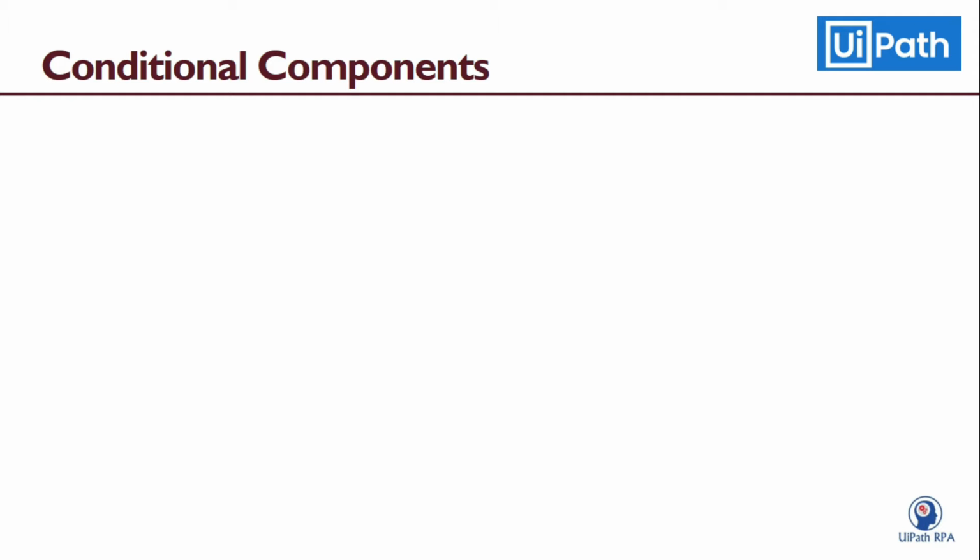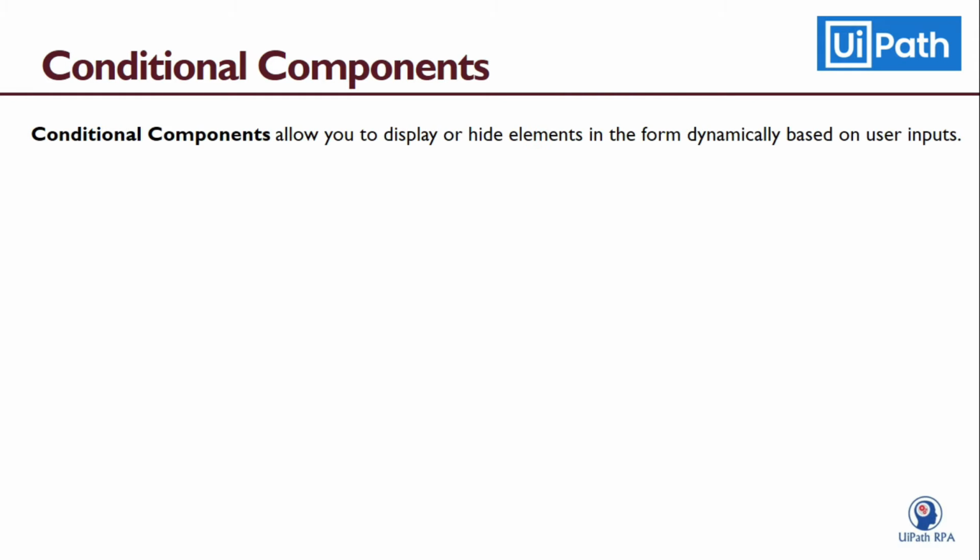Let's start with a quick overview of what conditional components are. Conditional components allow you to display or hide elements in the form dynamically based on user inputs. For example, showing an approve button when an action is approved, or asking for the rejection remarks when it is rejected.